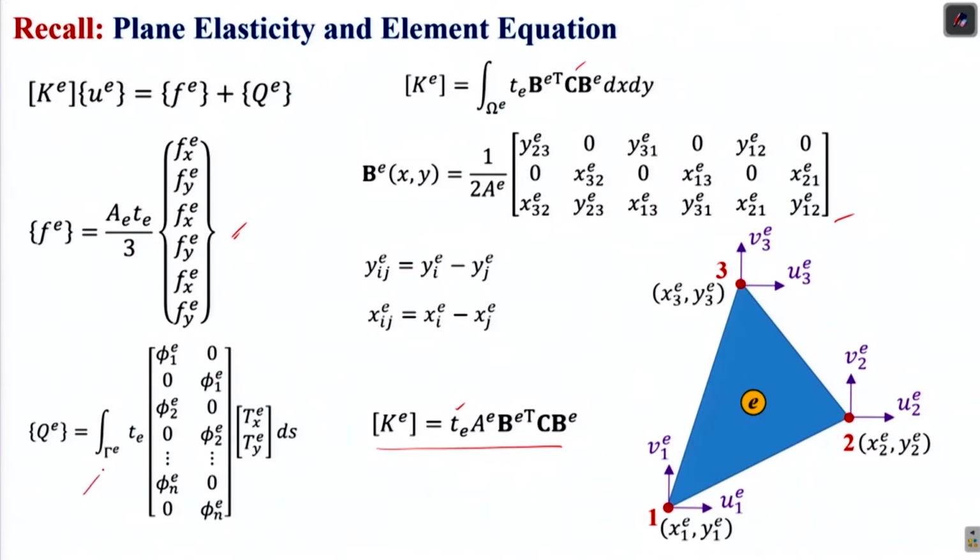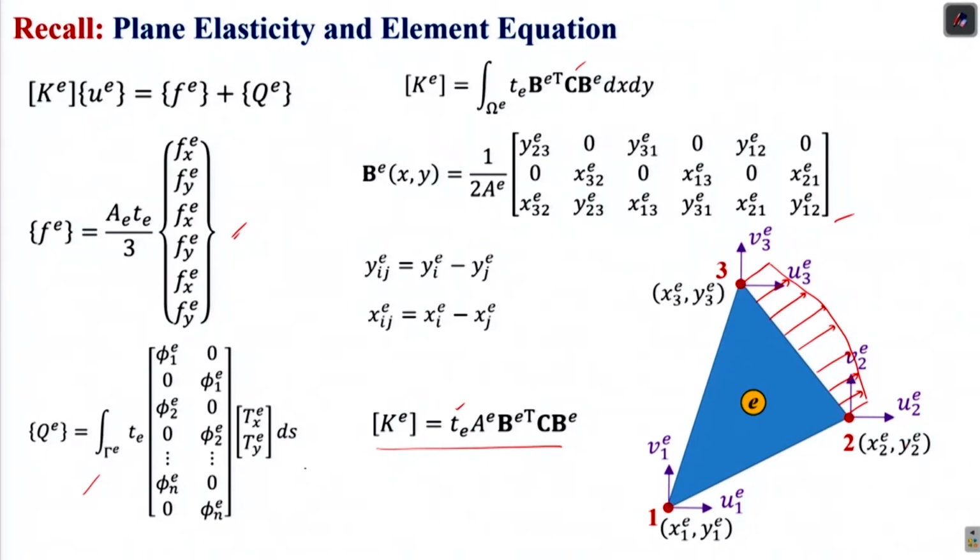As I said, this needs to be evaluated on the boundary of the element which coincides with the natural boundary of the domain. For instance, suppose this is the boundary on which some traction is prescribed, then this integration needs to be performed only on this boundary.